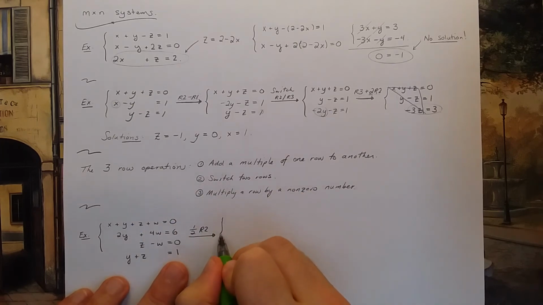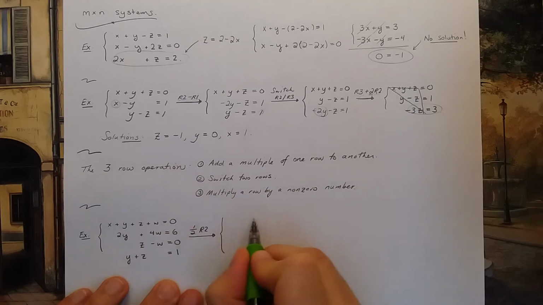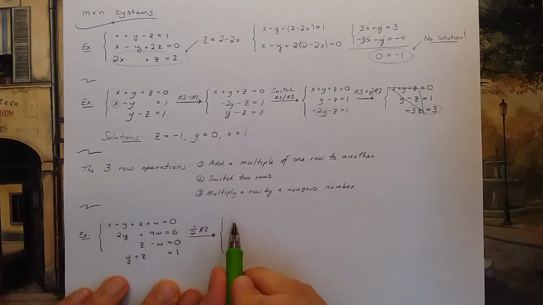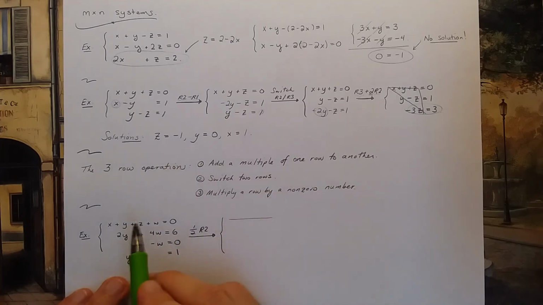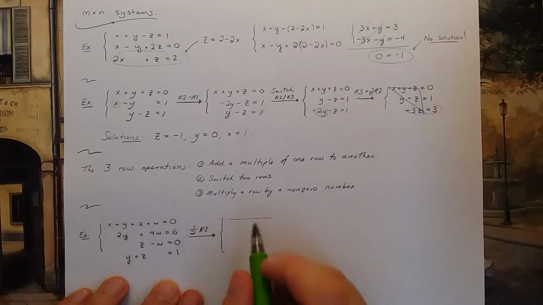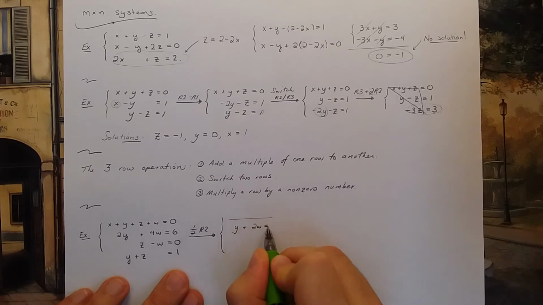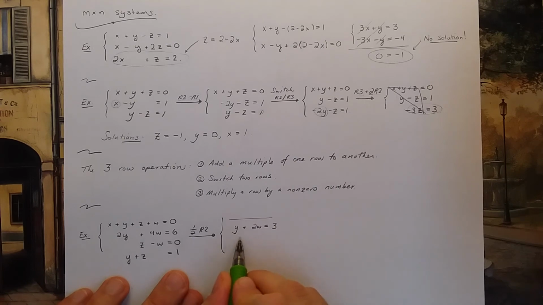So if I do 1/2 row 2, row 1 stays the same. I don't want to copy everything over and over again, so I'm just going to put a line there to mean that I have the same row as before. But this row becomes y plus 2w is equal to 3, and row 3 and row 4 are the same.